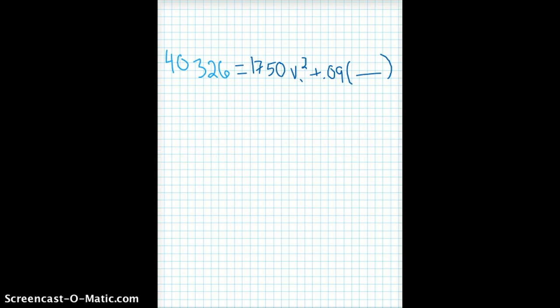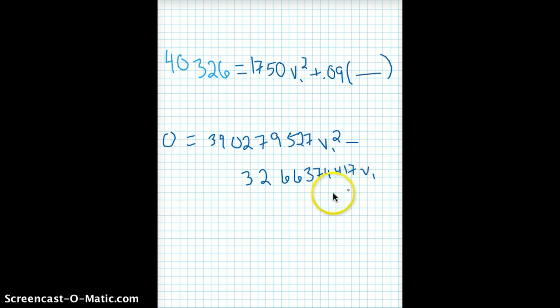You're going to end up with 0 equals 3,402,795.27 V1 squared minus 32,663,744.17 V1 minus 23,527.8. This is so much nicer in a calculator.